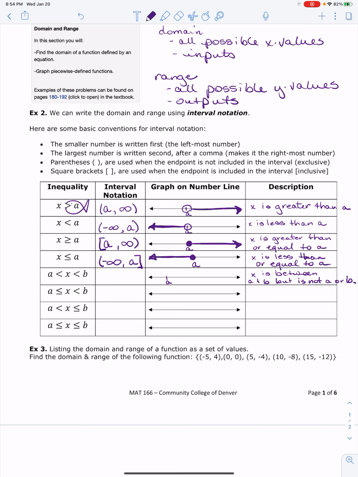And so a has got to go to the left because that's less than x. b has got to go to the right. We've got open circles at both because neither of those are included in this interval. And so our interval goes from a to b, does not include either.